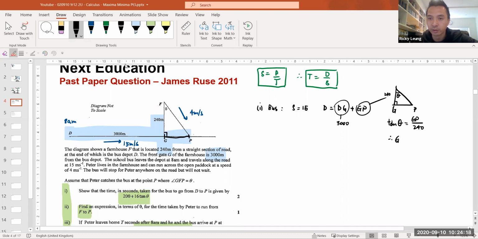So therefore, GP equals 240 tan theta. Then you basically take that, you sub it into here. Yep, and 3,000 there, therefore.